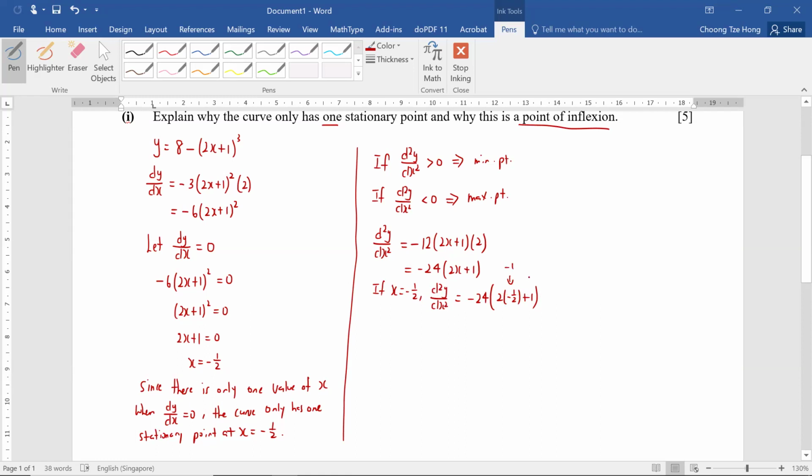Negative 1 plus 1 means this whole term becomes 0. Negative 24 times 0 means d2y/dx squared is 0. So you can see if d2y/dx squared is 0, we can't confirm the nature of the stationary point. It may be a point of inflection, which is what they want us to explain, right?